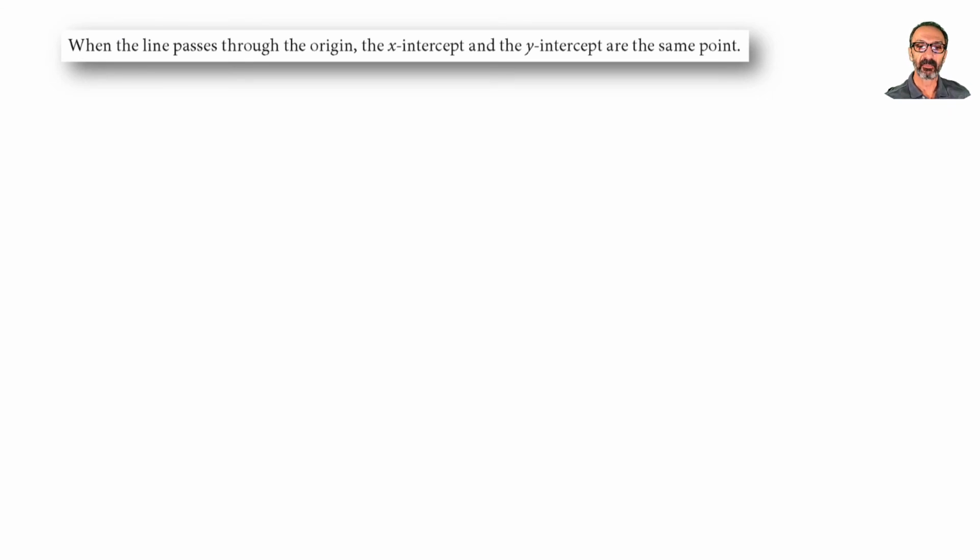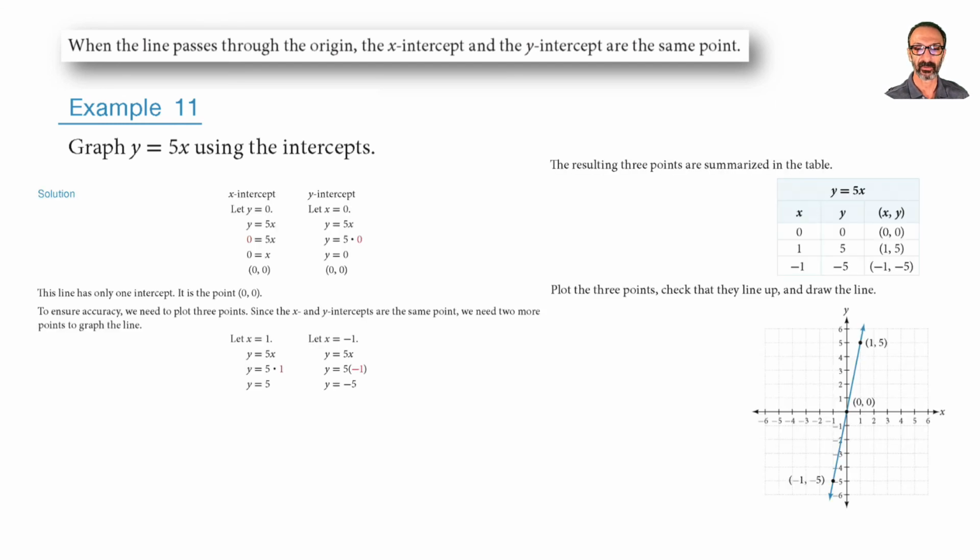When the line passes through the origin, the x- and y-intercept are the same. We talked about this earlier. Here's a graph of y equals 5x. The slope is 5 and the y-intercept is 0, so it's going to go through the origin and go up 5 over 1. That is the full detail. Instead of reading all that, I'll just support it by saying y equals 5x.